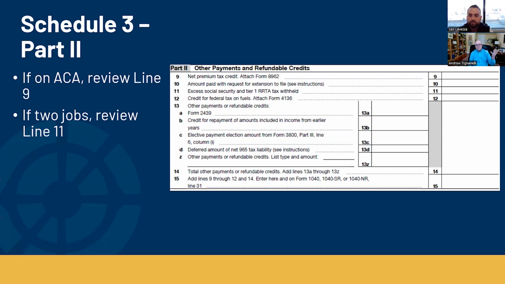Yeah. We just had somebody where the company was bought in the middle of the year, and so they worked for company A, and then company B took over. And when they did, it was as if they were employed by a whole new company. So they withheld Social Security tax to the max in the first company.